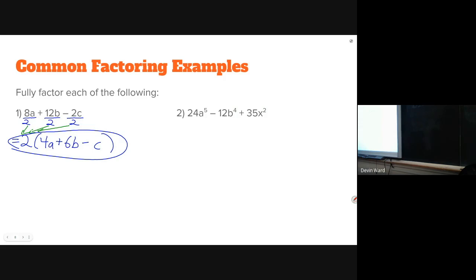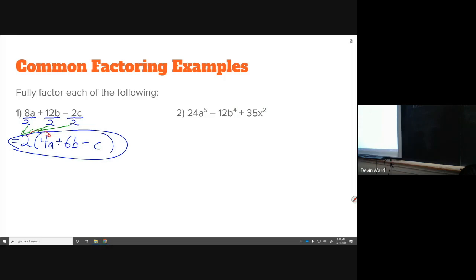And then I said you could check your answer, right? So what we do is we distribute the 2 back in, and we have 2 times 4a plus 2 times 6b minus 2 times c.